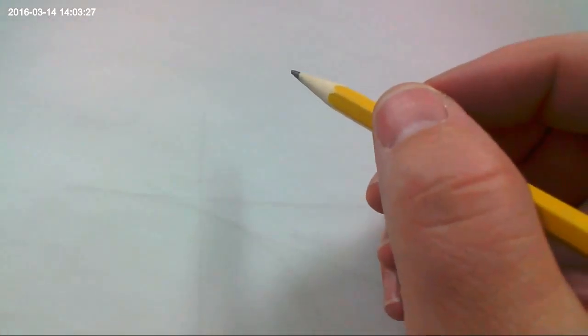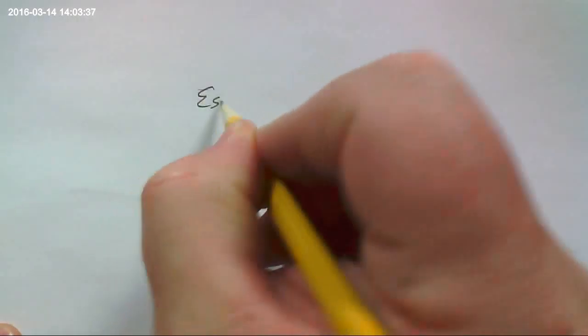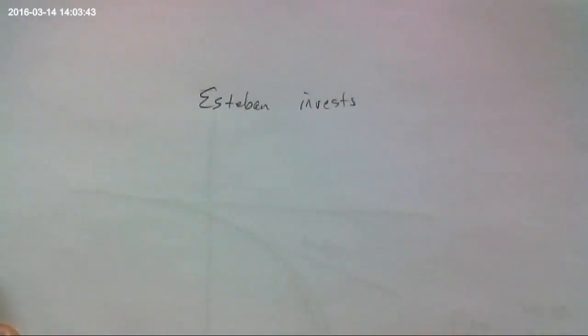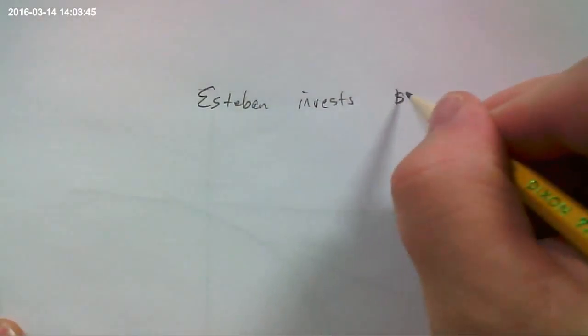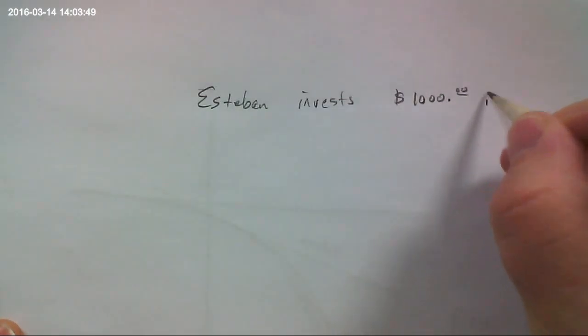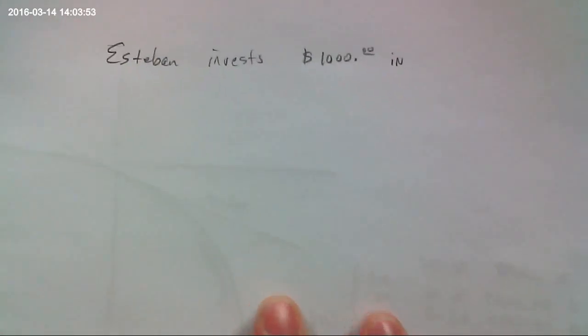You sure? Okay. Let's say, Jeanette, give me a person. Give me a name. Esteban. Felipe, what's Esteban investing in?